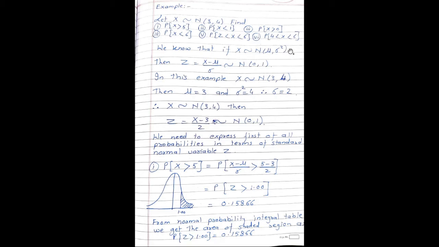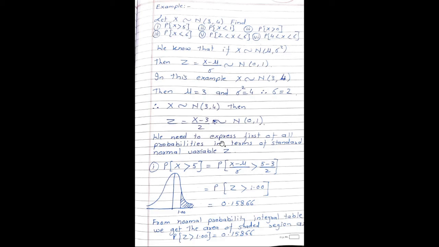Now we will see the solution. We know that if x follows normal with mu, sigma squared, then z is equal to x minus mu upon sigma follows normal 0, 1. In this example, x follows normal distribution with mean 3 and variance 4, so mu is equal to 3 and sigma squared is equal to 4. Therefore sigma is equal to 2, and z is equal to x minus 3 upon 2 will follow normal 0, 1.